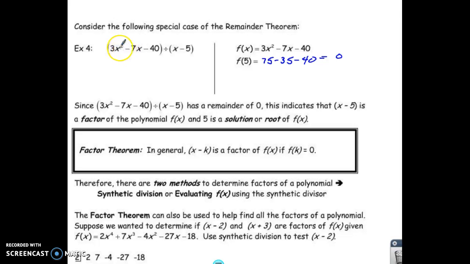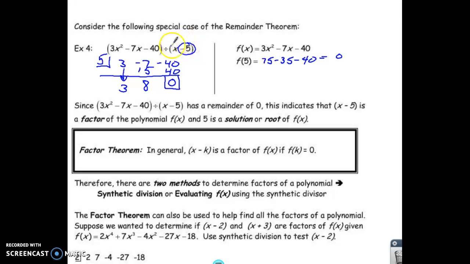All right, so check our descending order. Everything looks good. We got a 3, a negative 7, and a negative 40. Take the opposite of this. That's what goes in our box here. We draw our line. We bring down our 3. 3 times 5 is 15, we're going to get an 8. 8 times 5 is 40. And again, our remainder is 0.